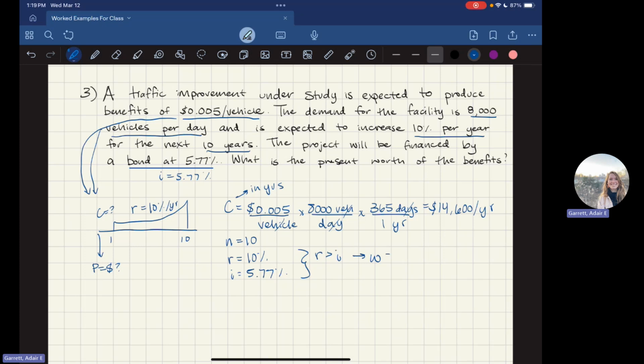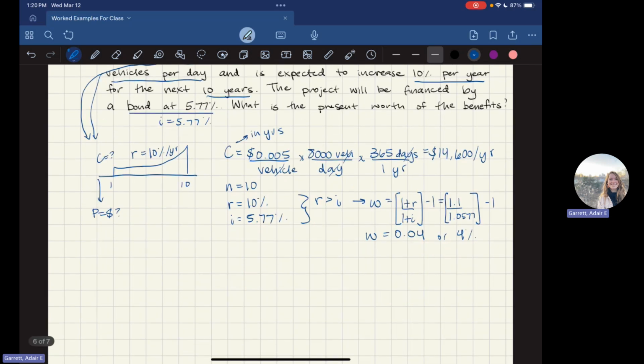Now let's go ahead and calculate omega. So when R is greater than I, we know that omega is equal to 1 plus R over 1 plus I, minus 1, which will be equal to 1.1 over 1.0577 minus 1. So omega will be equal to 0.04 or 4%.